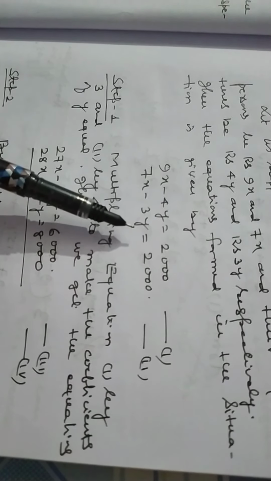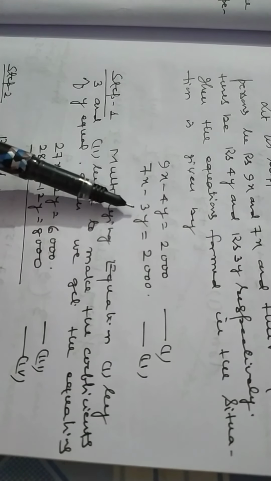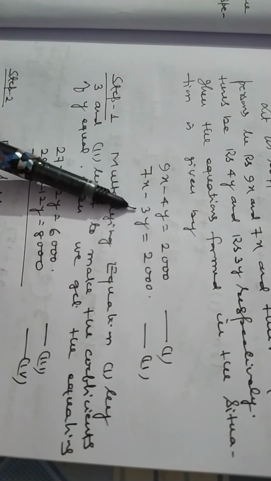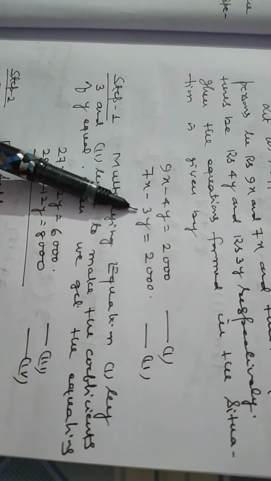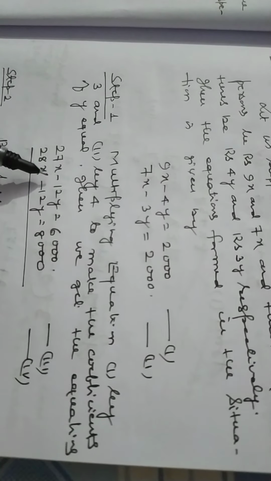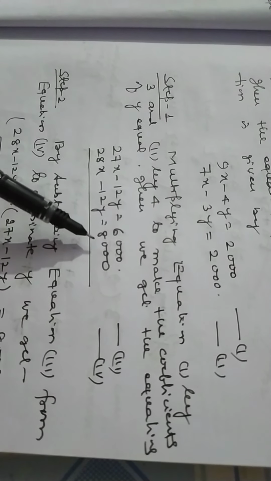We want to find the value of x, so we want to cancel y. For this purpose, we multiply equation first by the coefficient of y which is in equation second, and equation second by the coefficient of y which is in the first. And we have 27x minus 12y is equal to 6000, and 28x minus 12y.